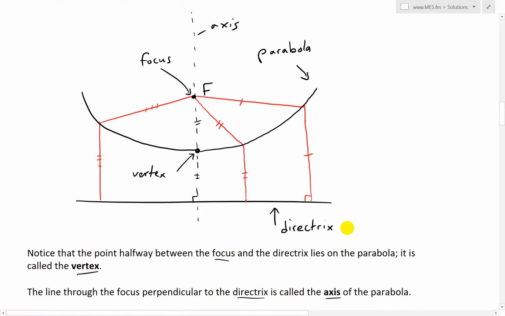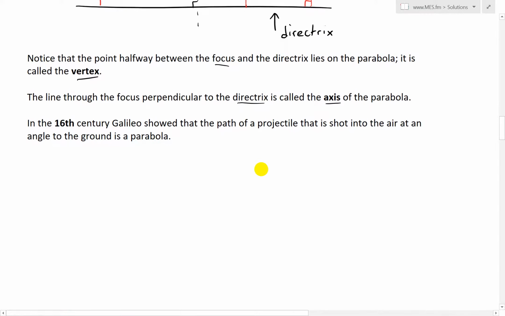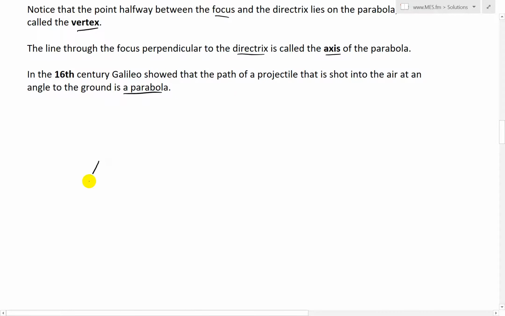So now that we've drawn this definition out, I just want to go over a brief note. In the 16th century, Galilei showed that the path of a projectile that is shot in the air at an angle to the ground is a parabola. So for example, if you have a cannon, I'm just going to draw one like this.